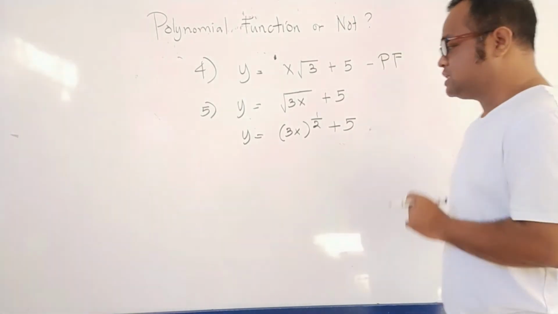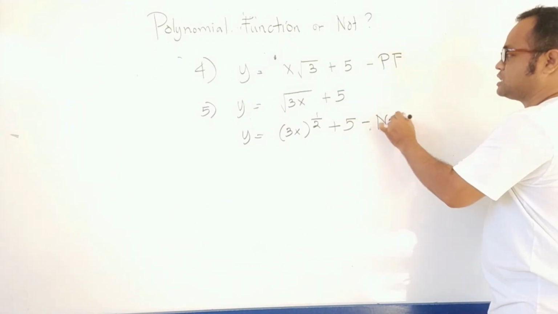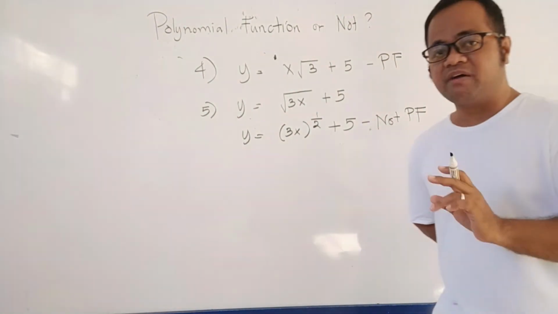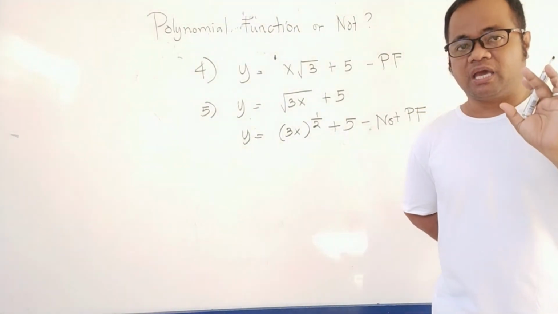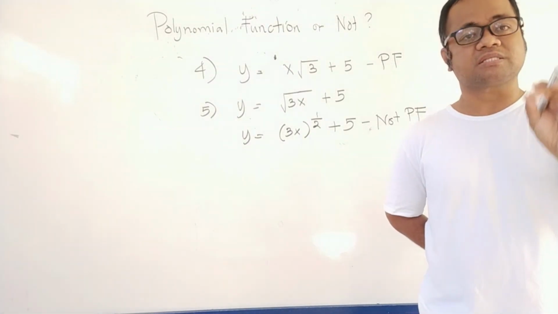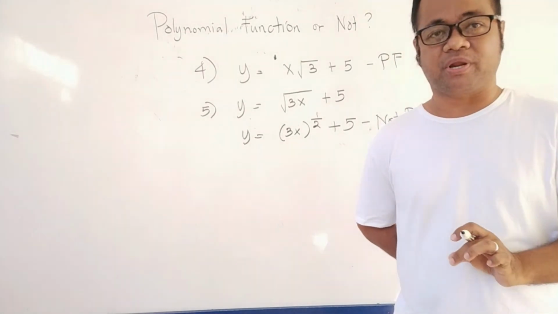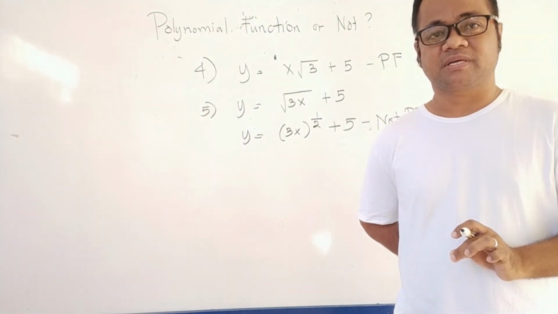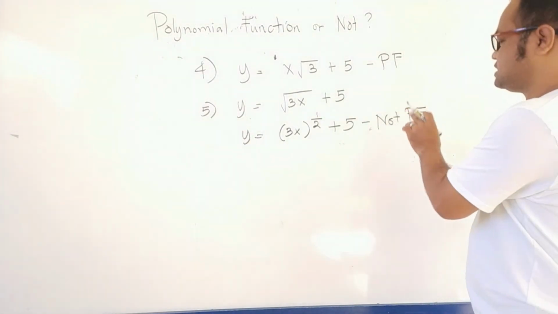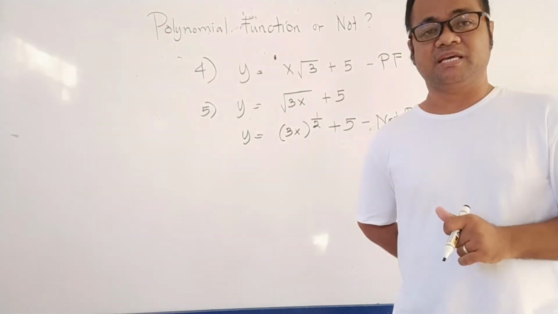So therefore, since 1/2 is not a whole number, this is not a polynomial function. Because by definition, a polynomial function is a function that contains only positive integral exponents. Okay? So, this is not a polynomial function. Okay?